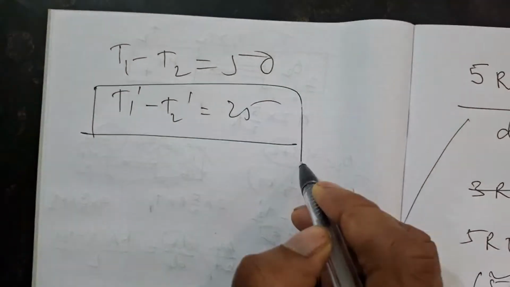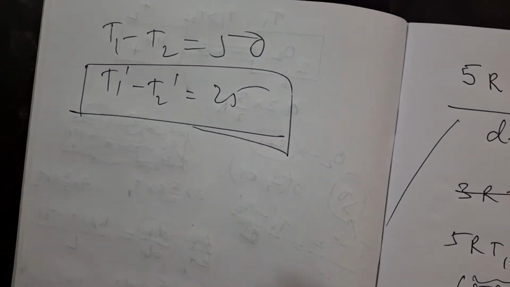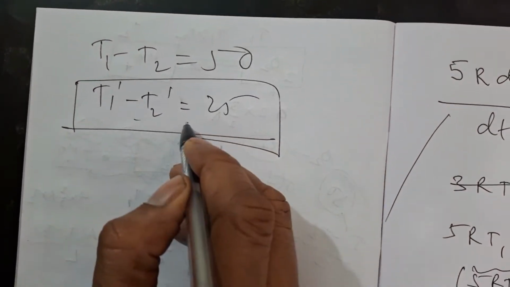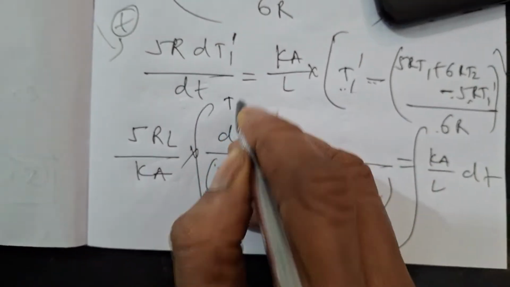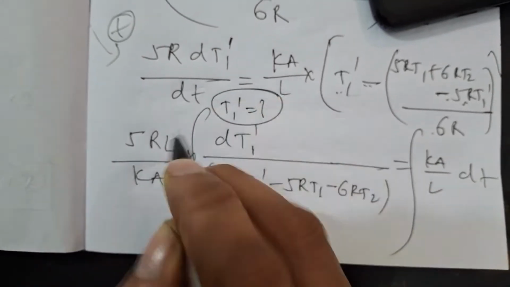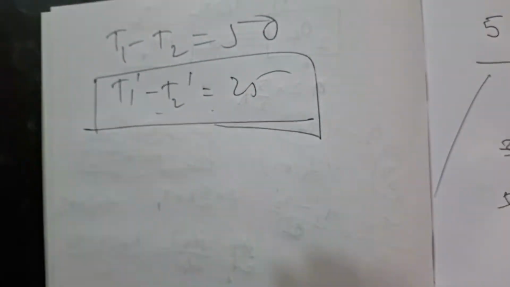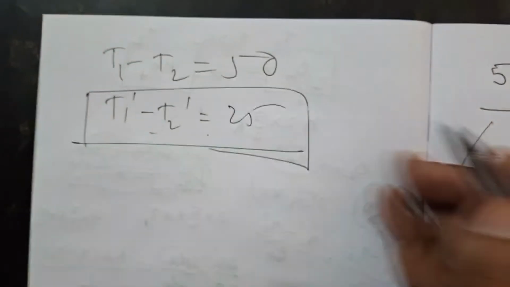This value is given. Now how to solve? You need to find T1 prime, the final condition. So please apply energy conservation here. Initial energy equals final energy.